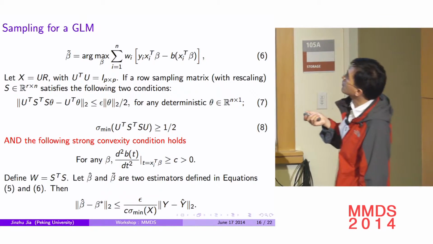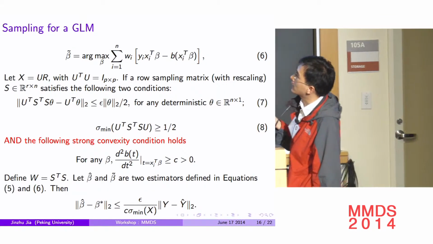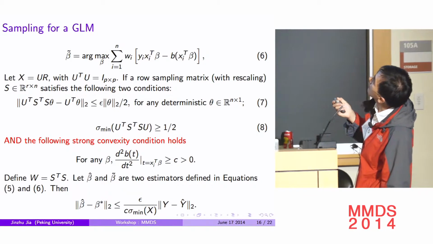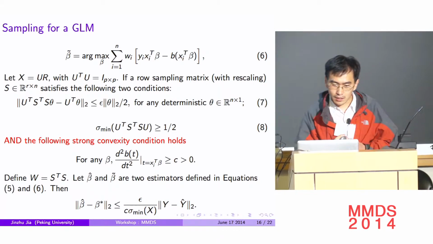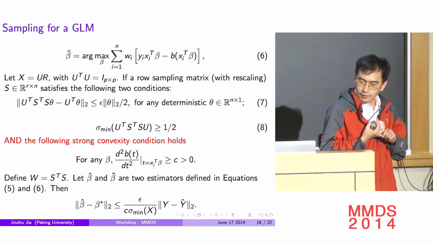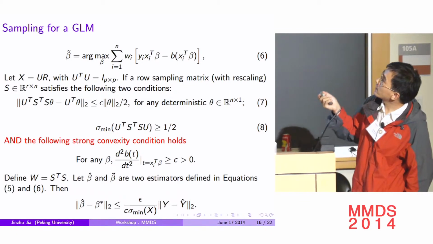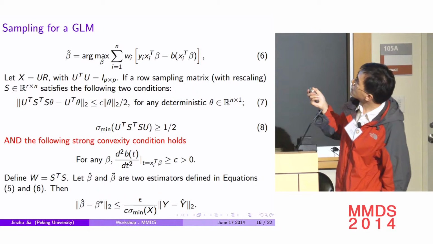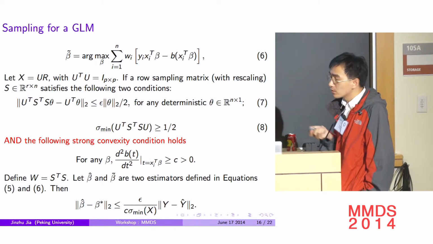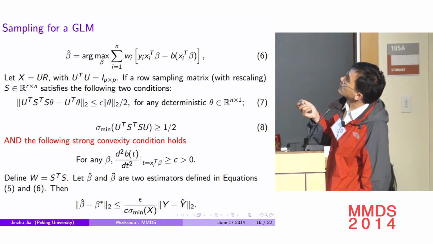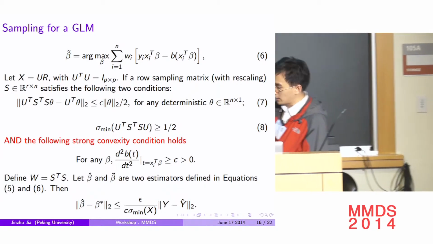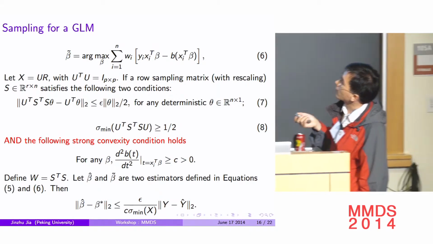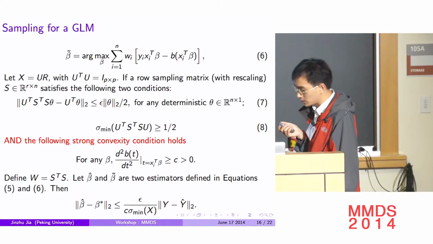If the W is constructed by S transpose S, where S is a sampling with rescaling matrix, and if W or S satisfies the two equations, 7 and 8, then the estimate from the sub-problem is very close to the estimate from the original problem.